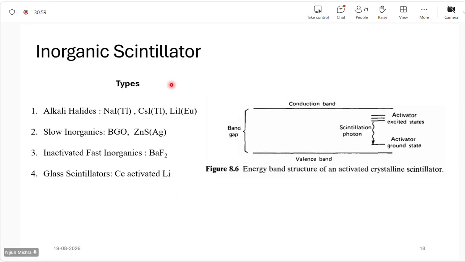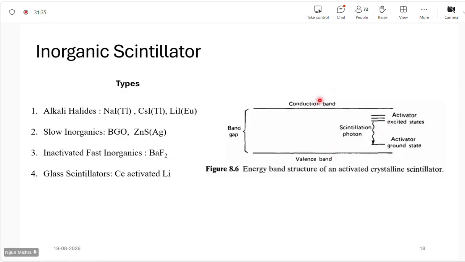Coming to the inorganic scintillator, what is the principle? There is a valence band and a conduction band. When radiation falls on the detector, electrons shift from the valence band to the conduction band and move within the conduction band. Then they fall on an activator site. These activators are added in the detector in order to create energy levels between the conduction band and valence band.